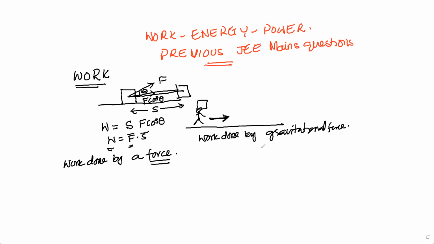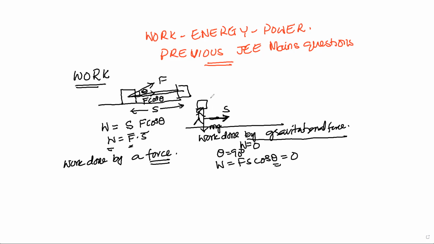So work done is simply zero. Or I can say the gravitational force is along this direction, the displacement is along this direction, and the angle between these two is 90 degrees. So work done is Fs cos theta, which is zero, because cos 90 is zero. Work done by gravitational force is zero.